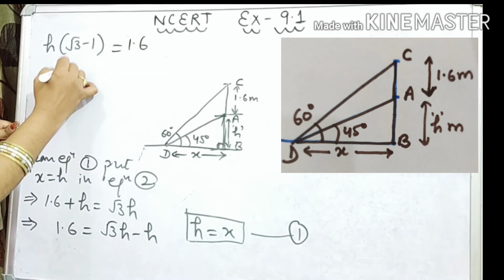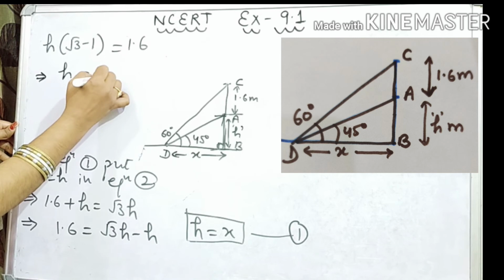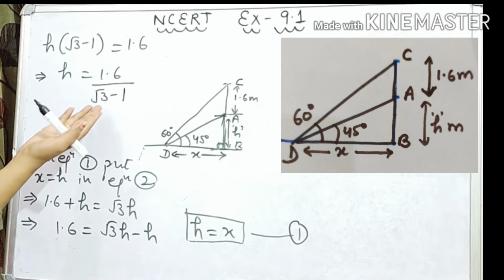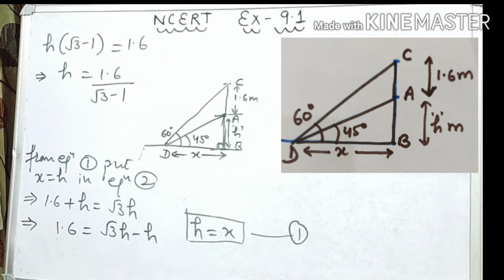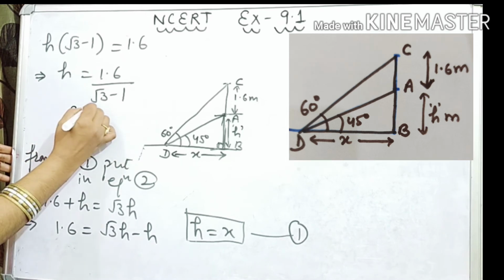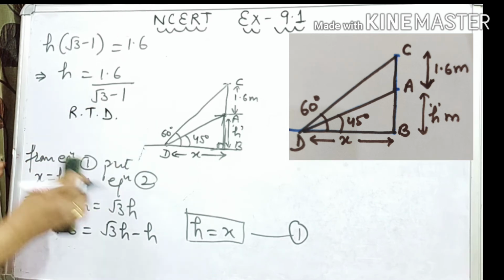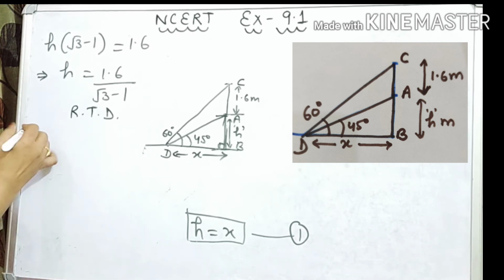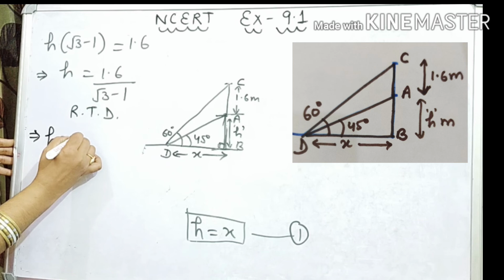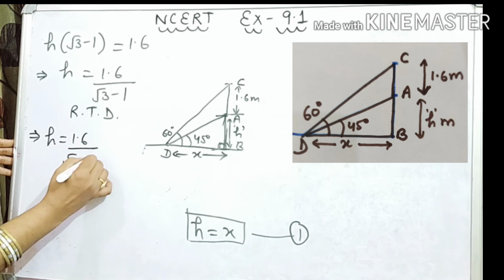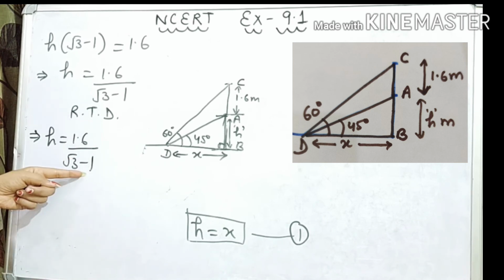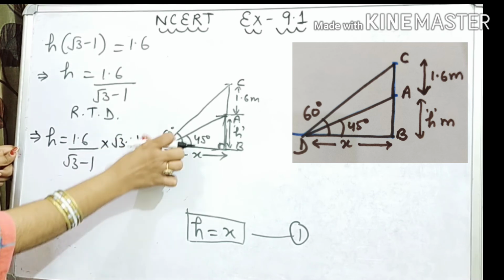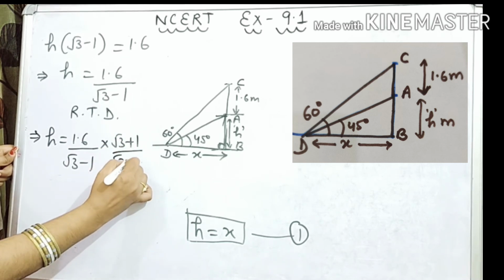Now h will be 1.6 upon root 3 minus 1, and we see the root in the denominator, so we'll have to rationalize the denominator. After rationalizing, h equal to 1.6 upon root 3 minus 1. For rationalizing, we take the opposite sign, that is root 3 plus 1 upon root 3 plus 1.